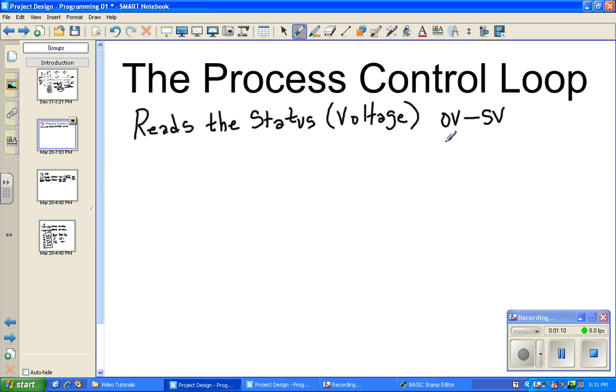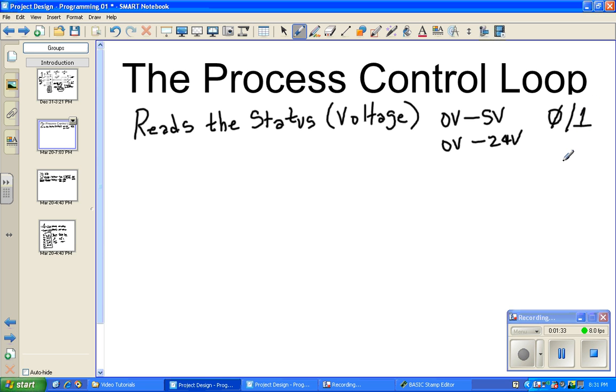And for the PLC, it can be between 0 volts and 24 volts. However, since the microcontroller is a digital machine, it can only interpret two values, a 0 or a 1.